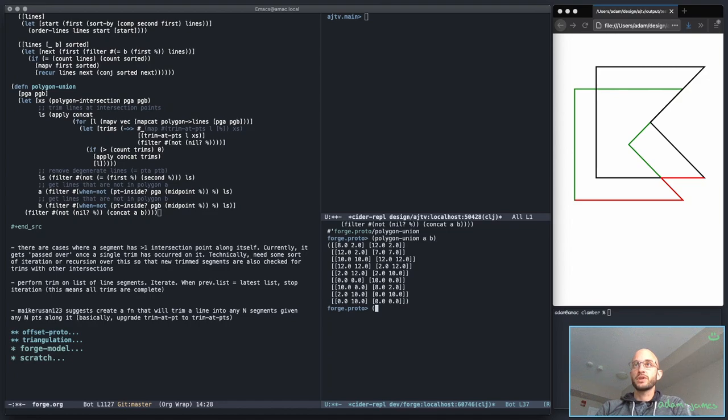If I order lines from that, okay, so I start at 0, 0, then go to 10, 0, and then I go 10, 0 to 8, 2, and then I go 8, 2 to 12, 2.